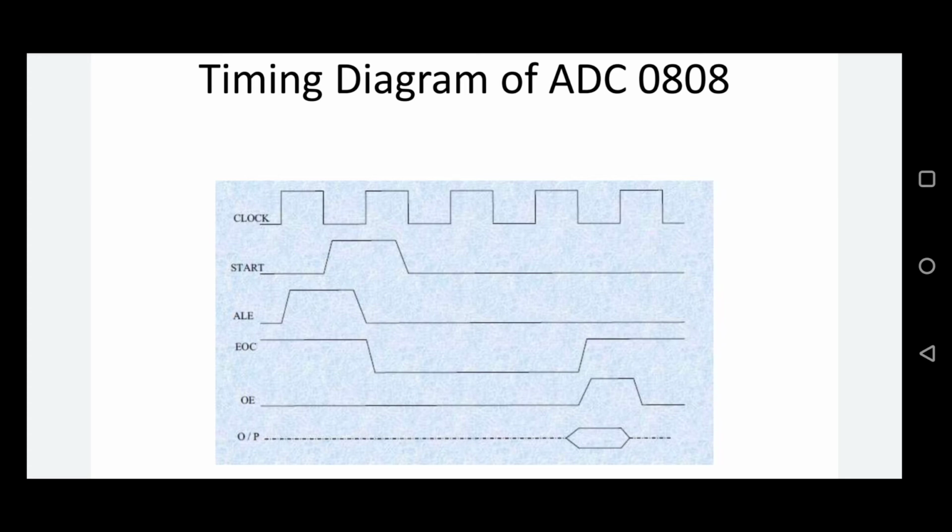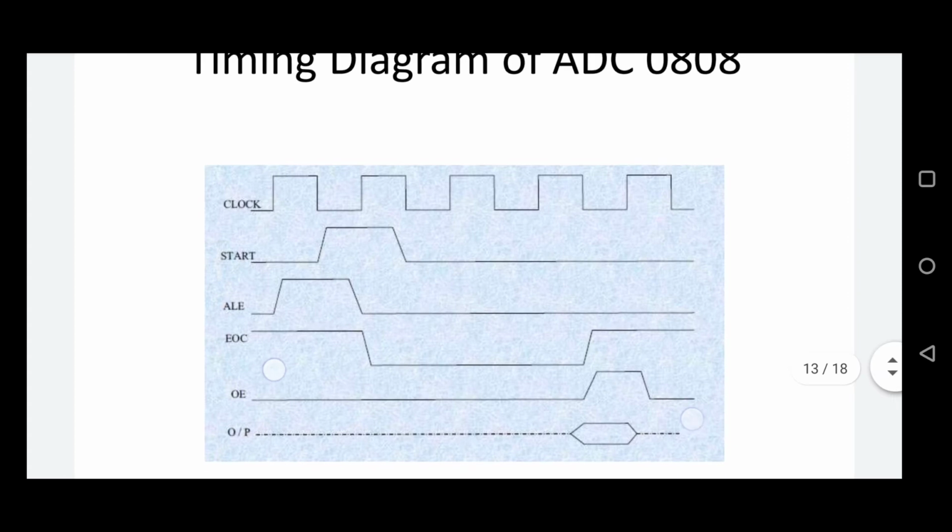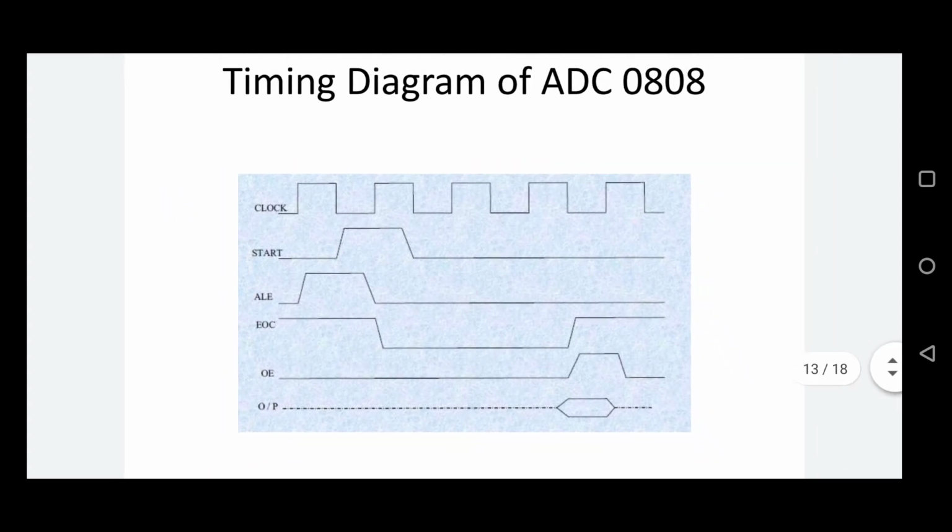EOC is nothing but end of conversion. Finally, at the 5th clock cycle the output enable pin is activated, and the output digital data can be enabled by using the output enable. At the final clock cycle the digital output is valid. So this is a simple timing diagram of ADC 0808.